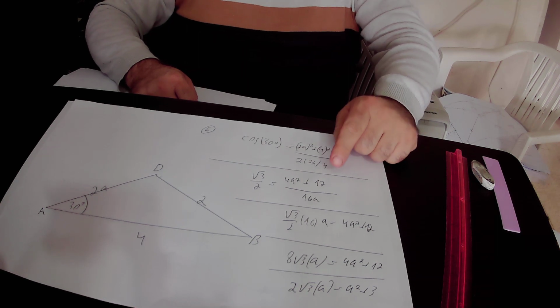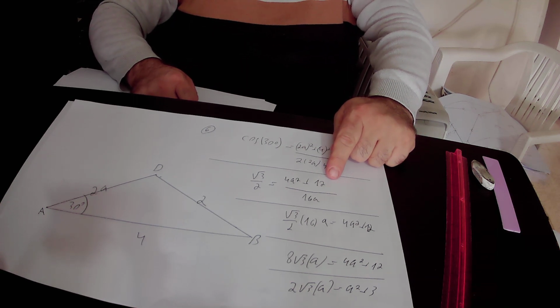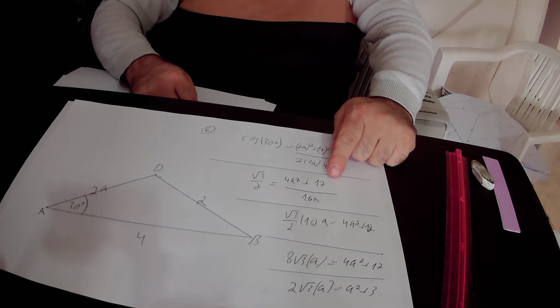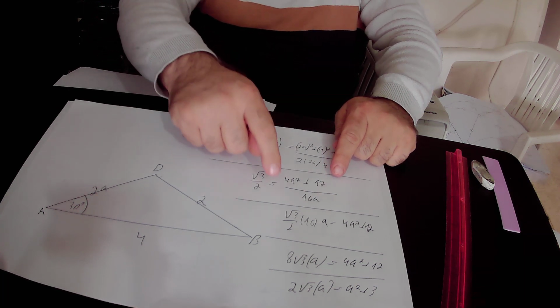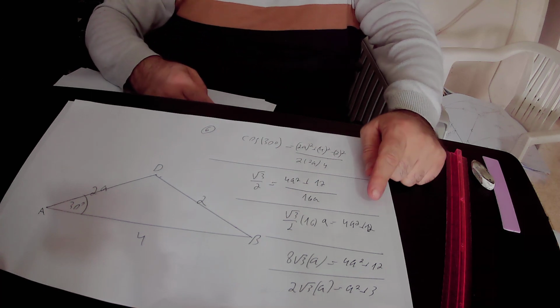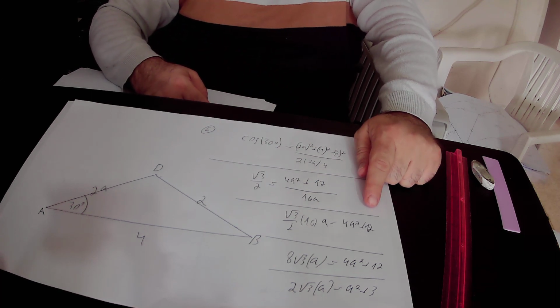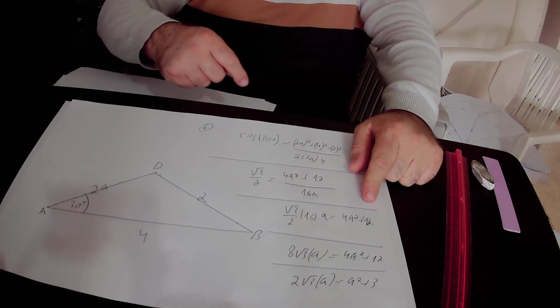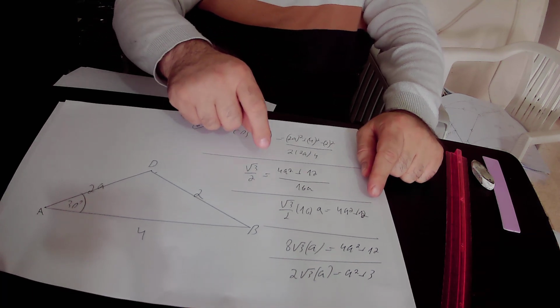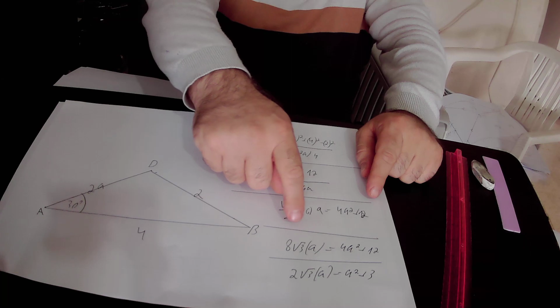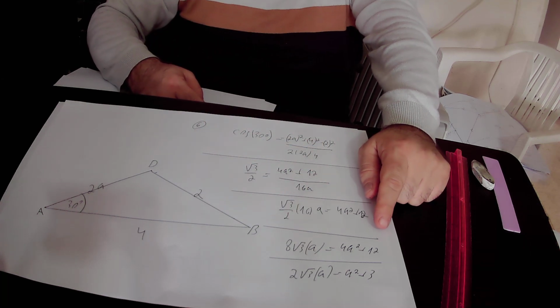We multiplied this equation by 16a, and we got that square root of 3 over 2 times 16a equals 4a squared plus 12. 16 over 2 is 8, so we get 8 times square root of 3 times a equals 4a squared plus 12.